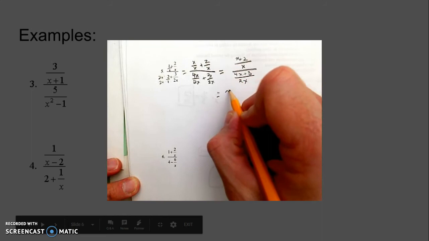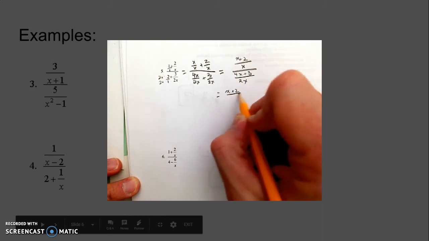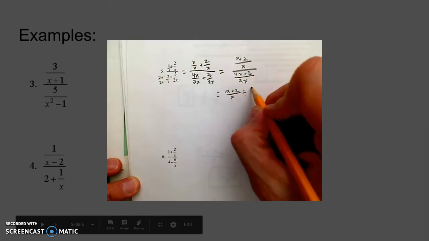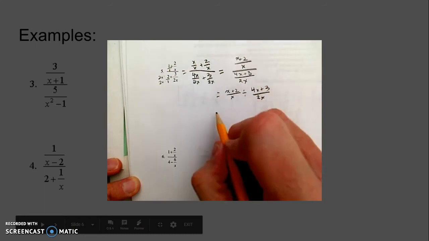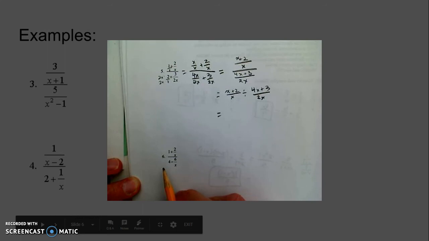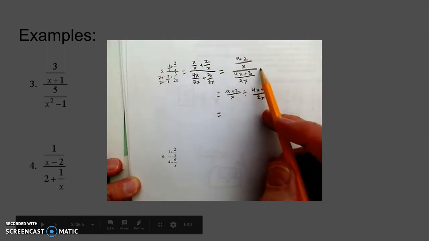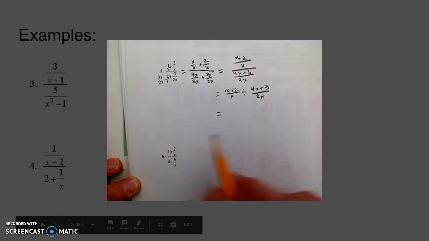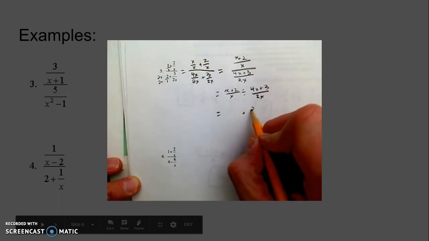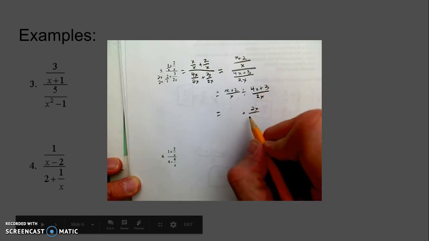Let's write that as a traditional horizontal division problem. x plus 2 over x divided by 4x plus 3 over 2x. Okay? The reciprocal of my second fraction.